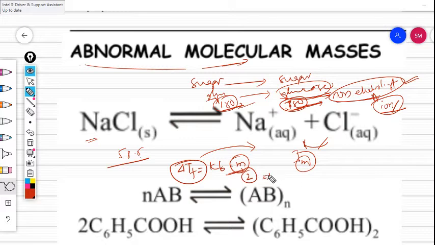So what is meant by molality? Number of moles, that is weight by molecular weight of the solute, in given solvent. So if this molality is 2, the molecular weight is inversely proportional. You can see molecular weight is inversely proportional.